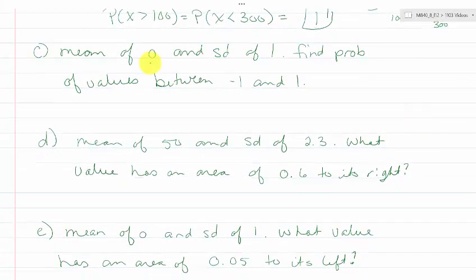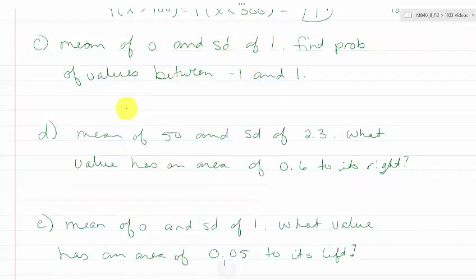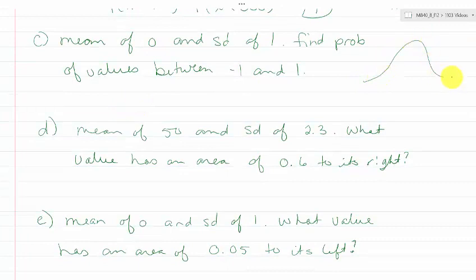In the next example, we have a mean of 0 and a standard deviation of 1, and we want to find the probability that we're between -1 and 1. So here we have a mean that's 0, and we want to find the probability that we're between -1 and 1, so in this area.